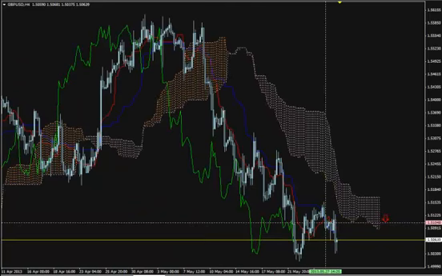H4 chart, clearly a bearish environment. We see the leading Kumo bearish. We see its edge sharp pointing downwards, bearish, but Chikou span touches the price. Although it's below past price action, it touches the price, so we expect a bit of sideways movement for a while.